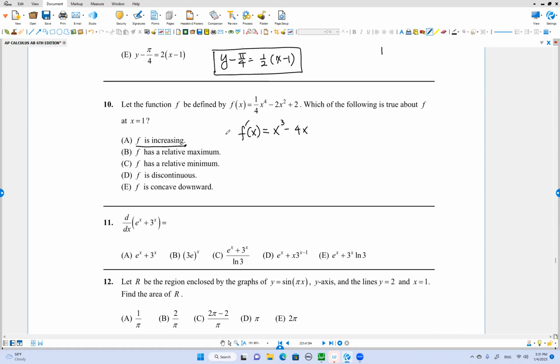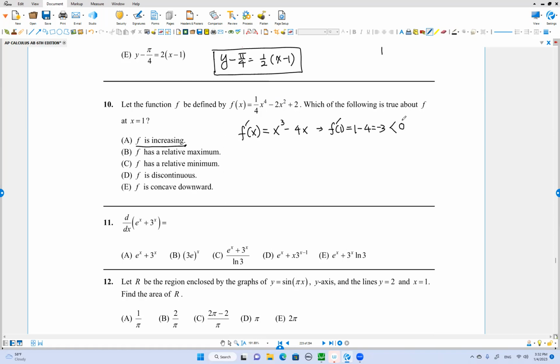Now put this number x is 1 there. F prime of 1 is 1 minus 4, which is negative 3. At x equals 1, the slope is negative 3, meaning the graph is what? Less than 0, right? The graph is decreasing. Are you okay with this?